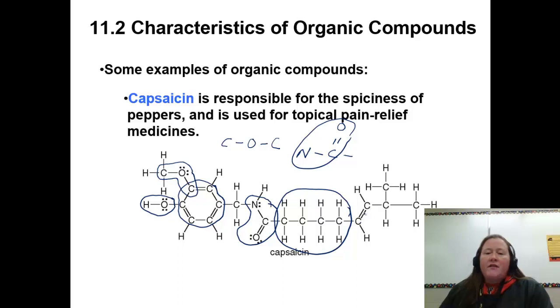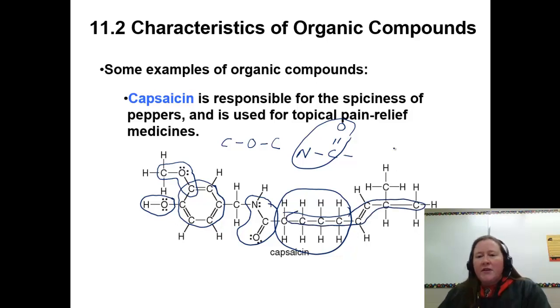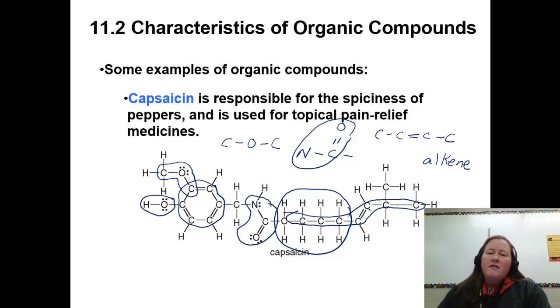When you have a double bond in a carbon chain, so if we were to look at all of this, and you have a carbon chain in which there is at least one double bond, it's called an alkene. And if you notice the arrangement of the hydrogens across this double bond, we have one hydrogen here and one hydrogen there.